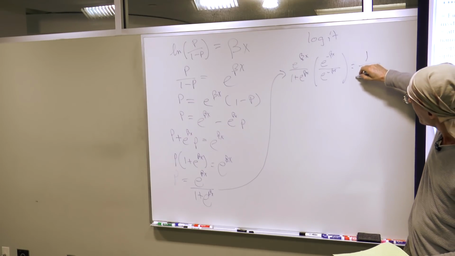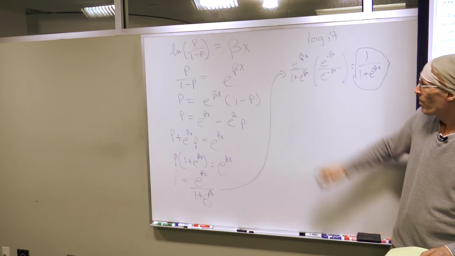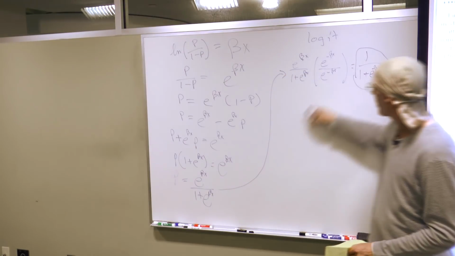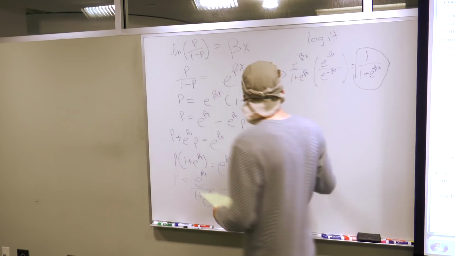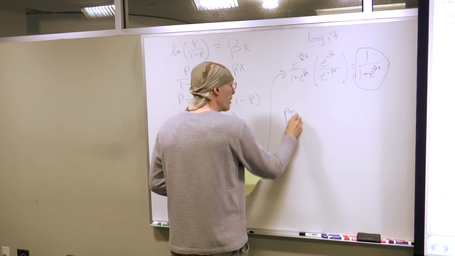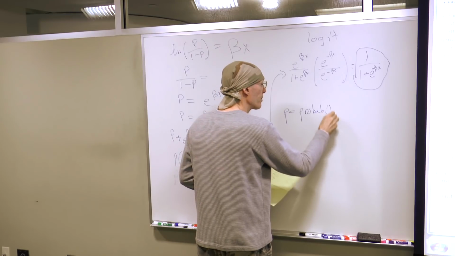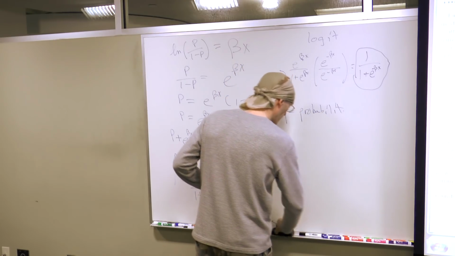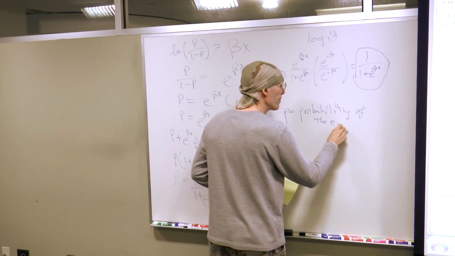And that's the form that you normally see. But again, we're going to go back to this one right here, which is with the two e to the beta x's. And p, of course, remember that is the probability of the event.